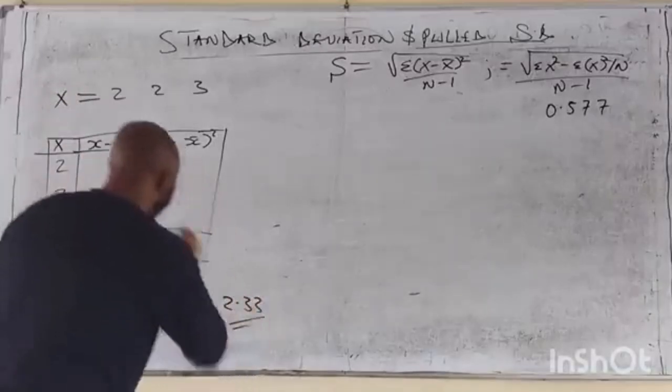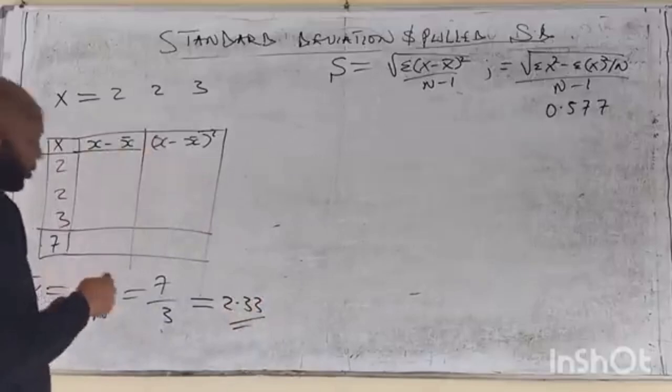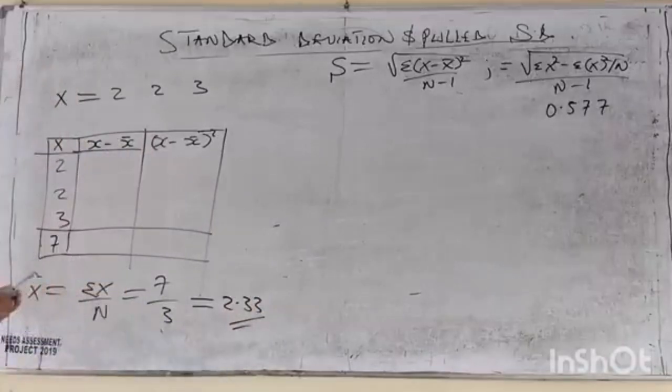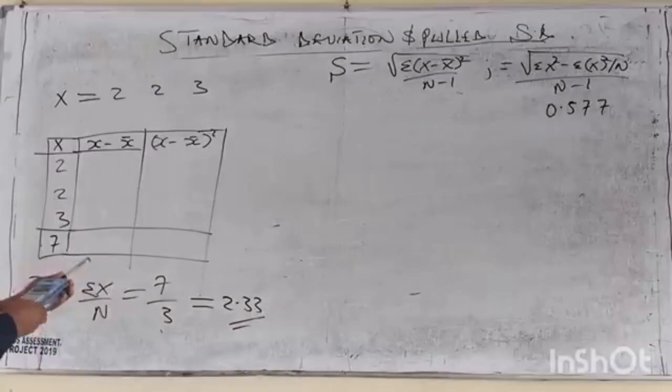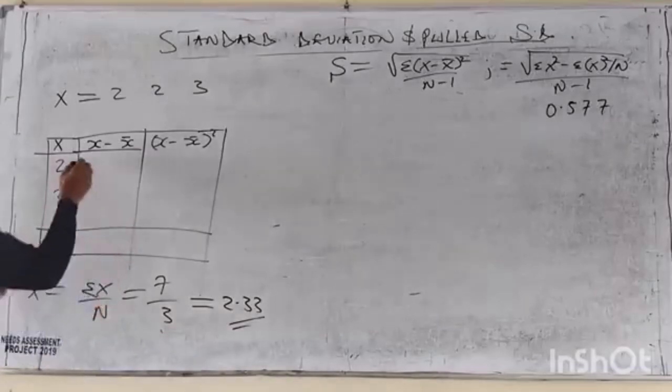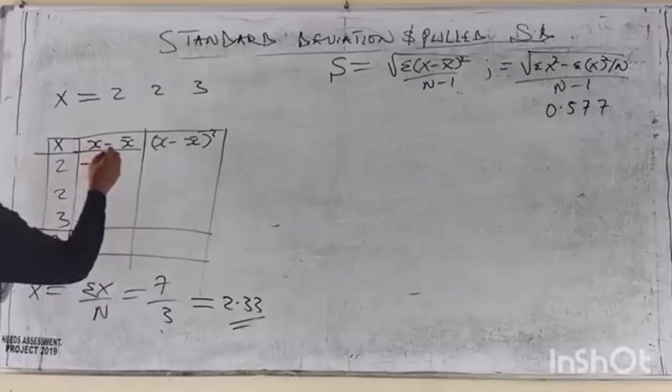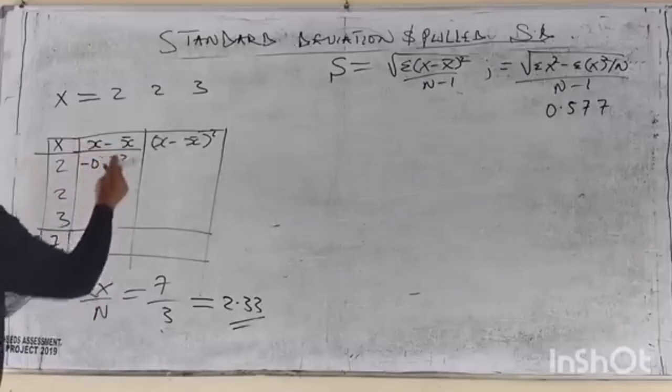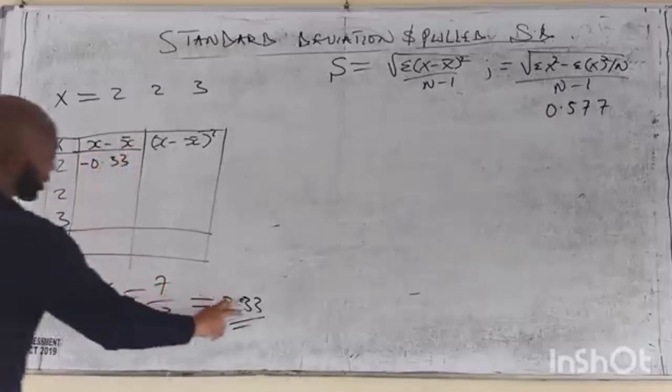So this is our mean. Let's proceed now. 2 minus 2.33 is minus 0.33.